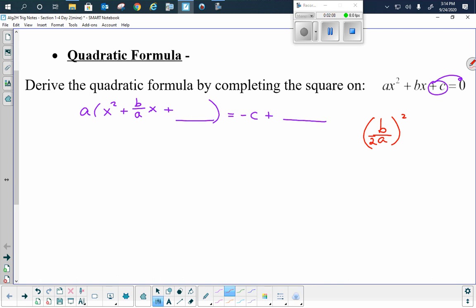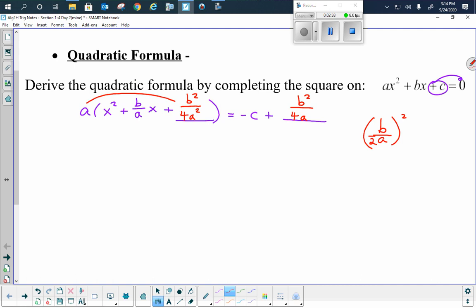So I'm adding b squared over 4a squared. Again, we need to balance the other side. So what are you really adding to this side? Well, if you think about distributing the a to this, one of the a's would cancel. So what you really added to that side is just b squared over 4a. So over here is going to be b squared over 4a.